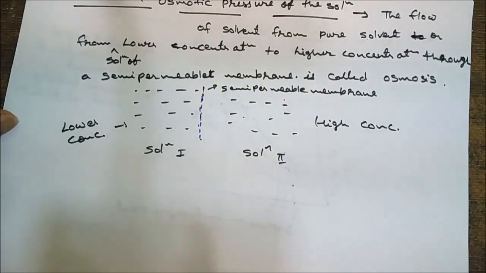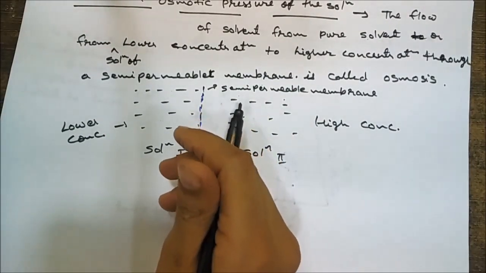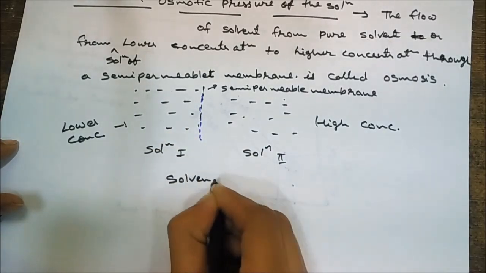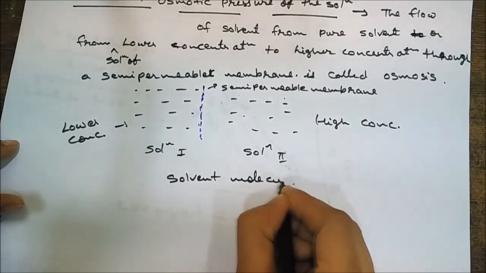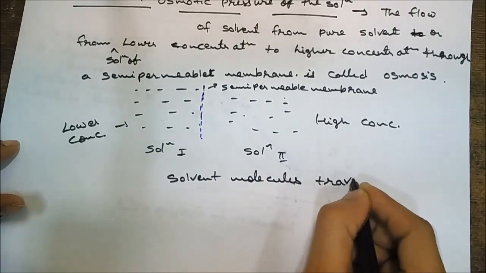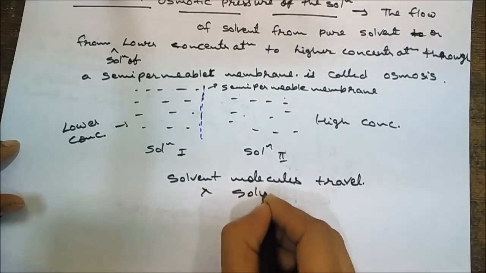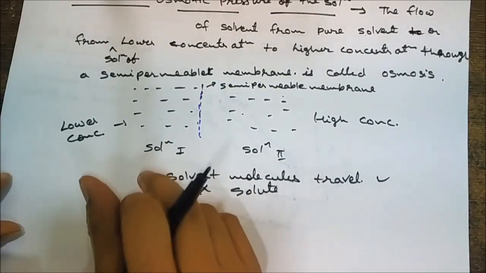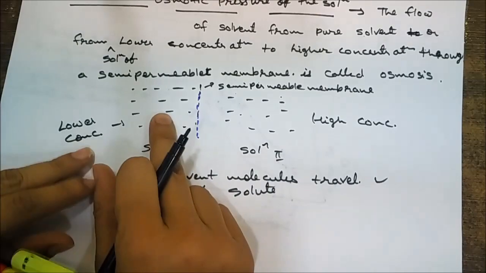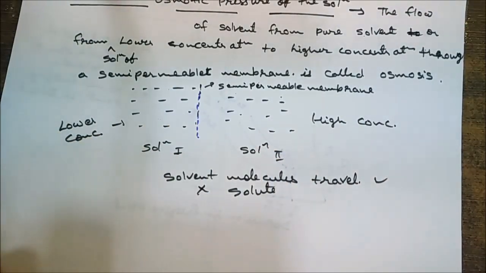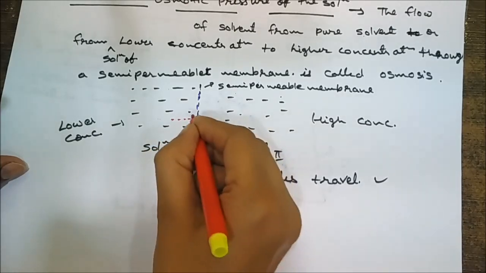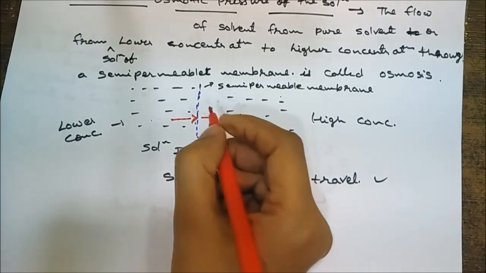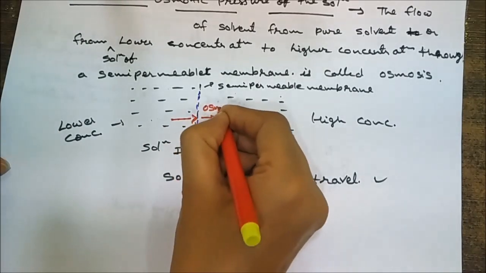So what is osmosis? The osmosis process occurs only by the molecules of solvent. Solvent molecules only travel, not the solute. So the solvent molecules will move from lower concentration to higher concentration, and this process is called osmosis.